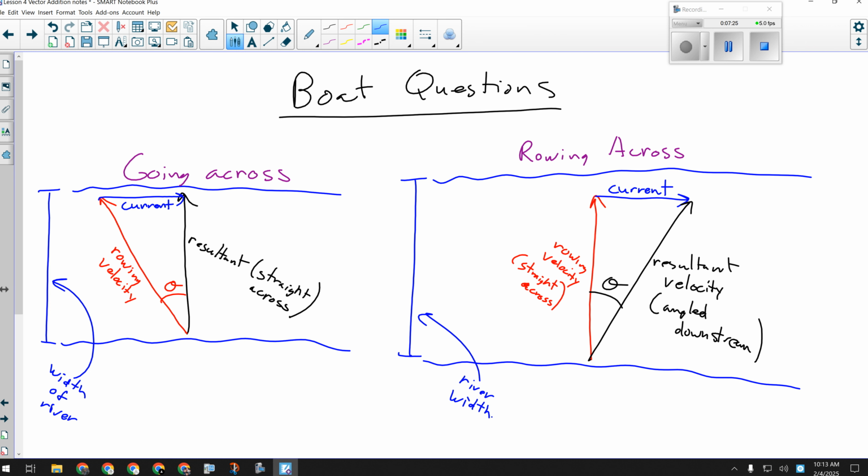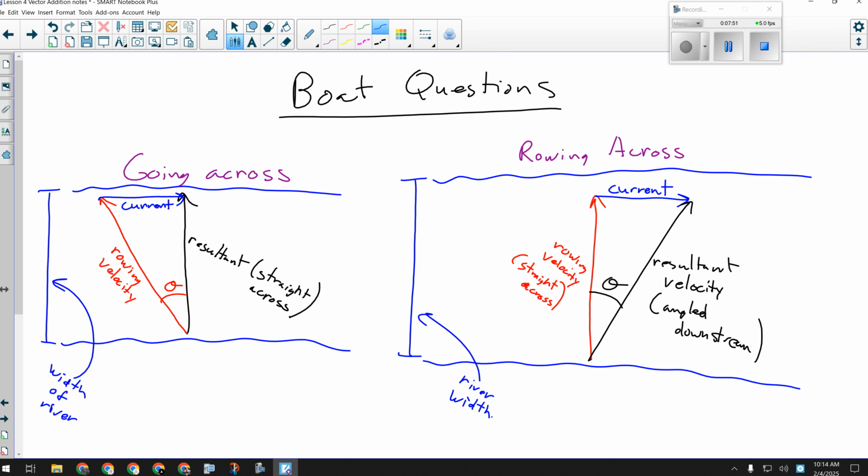Just use your common sense here. This is measured this way, straight across the river. If I want to calculate how long it takes to get across, should I be using a velocity that points the same direction as that vector? That's the thing that people often mix up in a question like this: they'll use the wrong velocity.